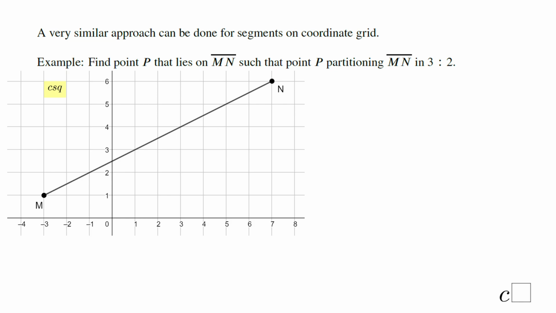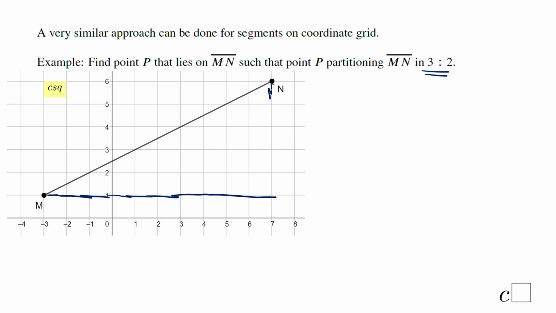A very similar approach you can do for this problem where we have a coordinate grid. We have segment MN and we need to partition it in a 3:2 ratio. Look at here. My first thing is to draw this triangle. Probably you remember this triangle from some other classes.